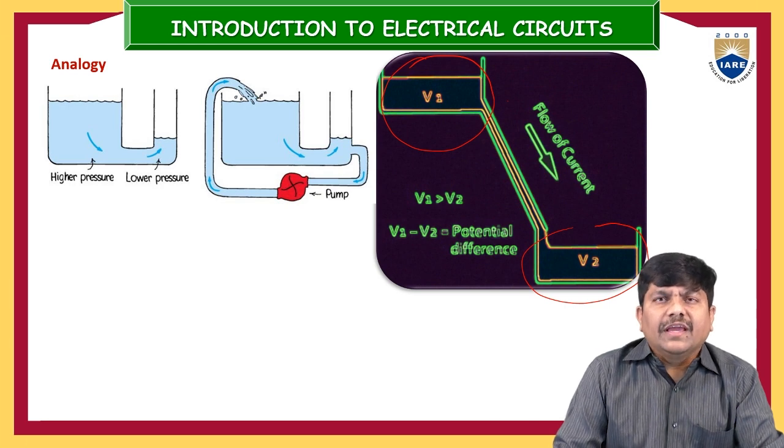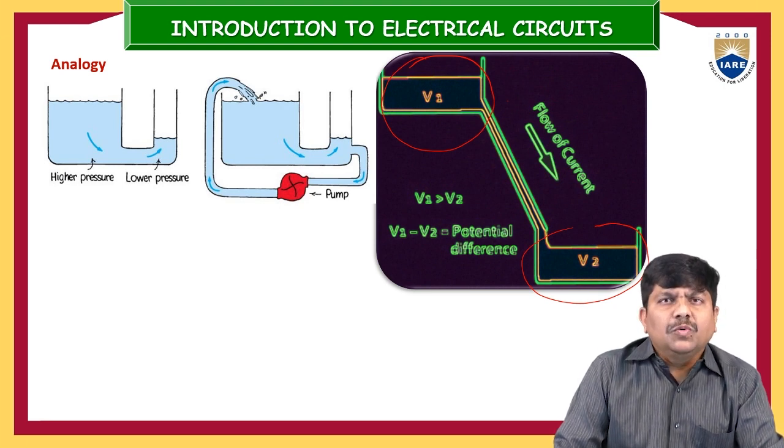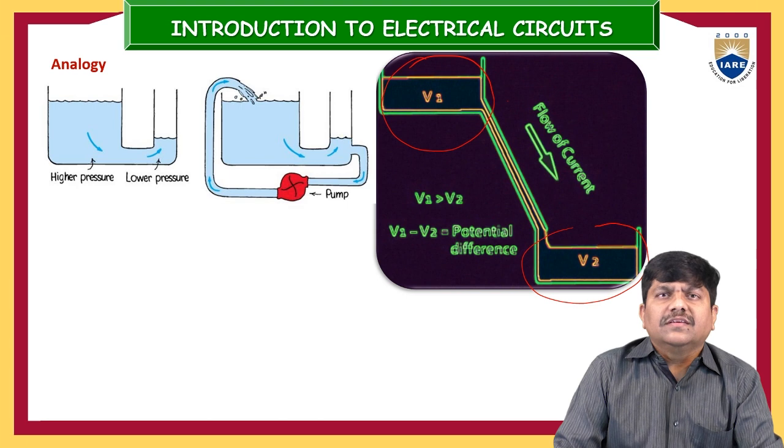Otherwise, we cannot find any charge particle movement through that conductor. So the minimum requirement to develop electrical conduction through any conductor is a potential difference. The potential difference is the difference between the two terminals of the conductor, V1 and V2. If the conductor has V1 potential and V2 potential, the potential difference is V1 minus V2.